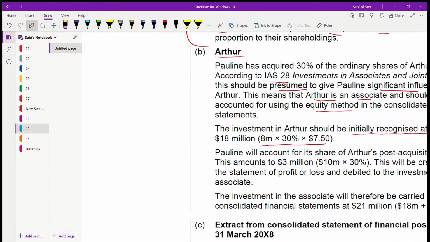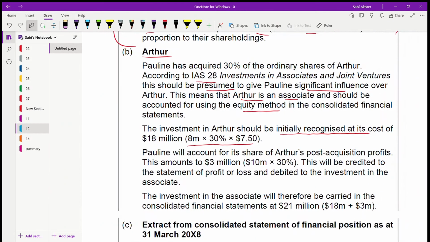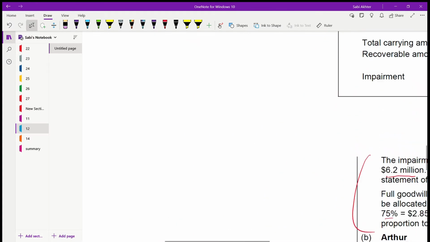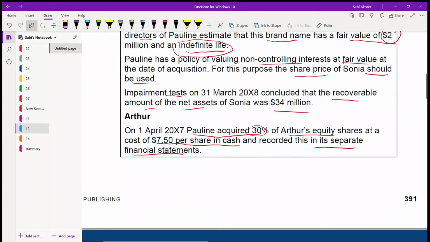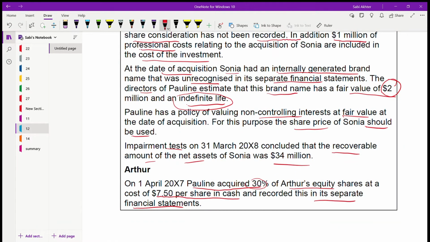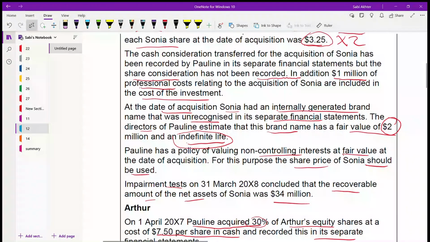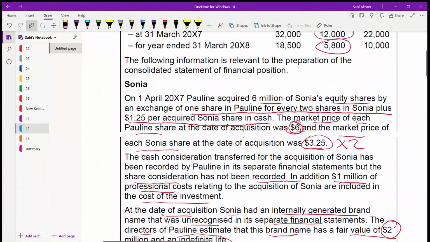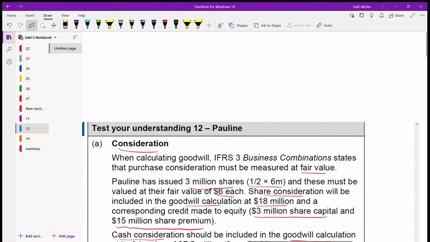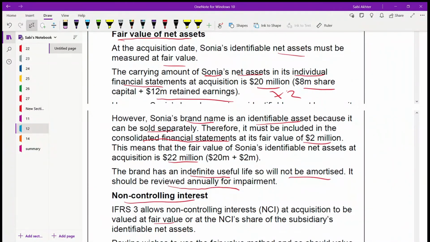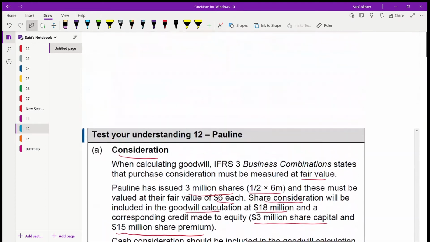It is into 8 million, because the 7.5 per share in cash.